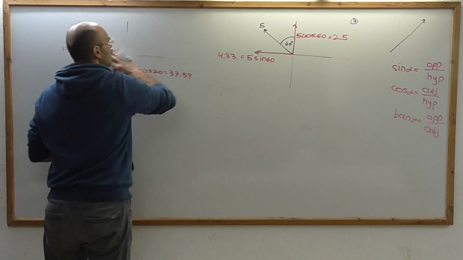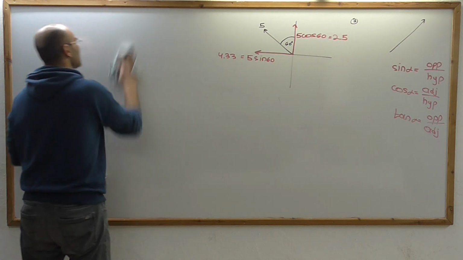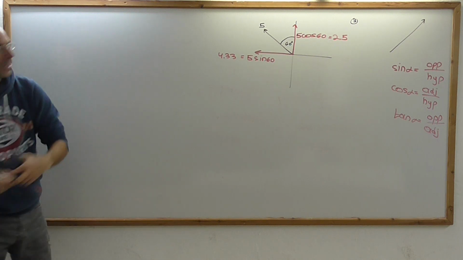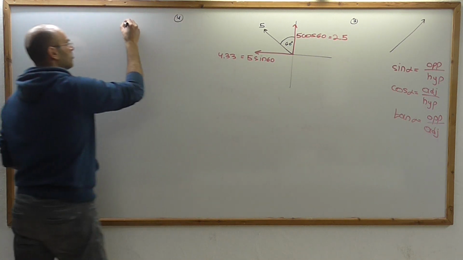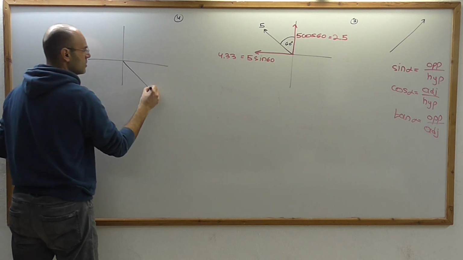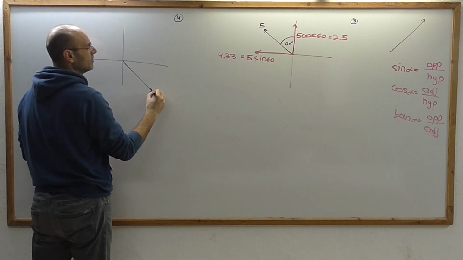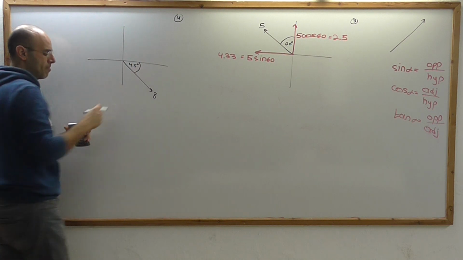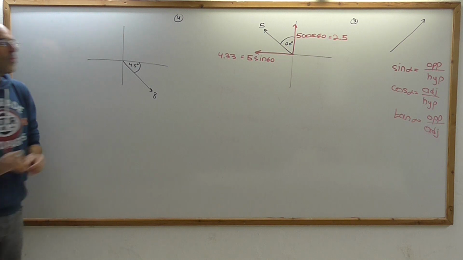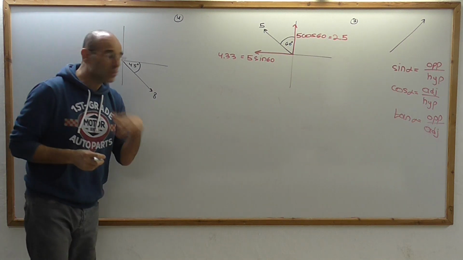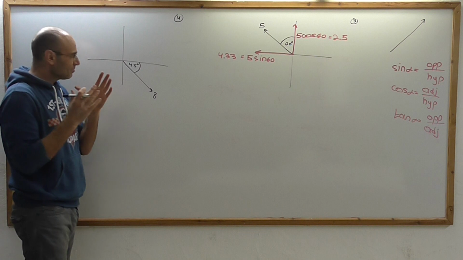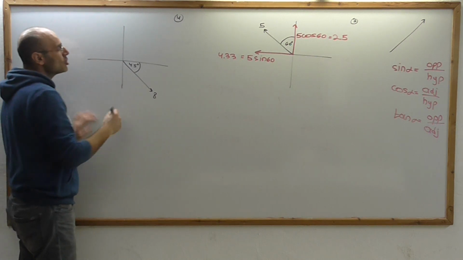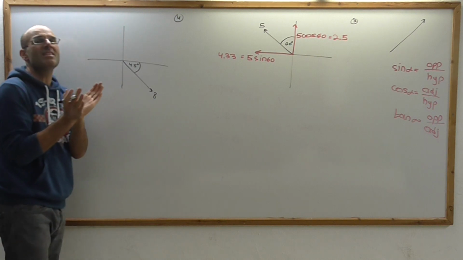Okay, another example. Let's try a symmetric example. So example 4. Let's say this force is 8, and this angle is 45 degrees. We can know intuitively that it's a symmetric problem. The components should be the same.